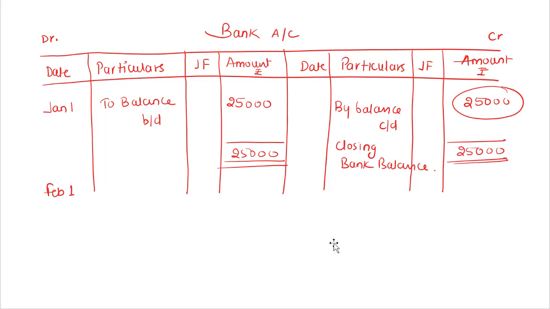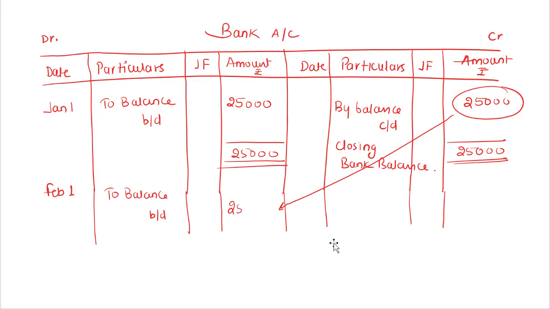So on February 1, it will be to balance brought down, and this figure will shift from here to here, that is 25,000.